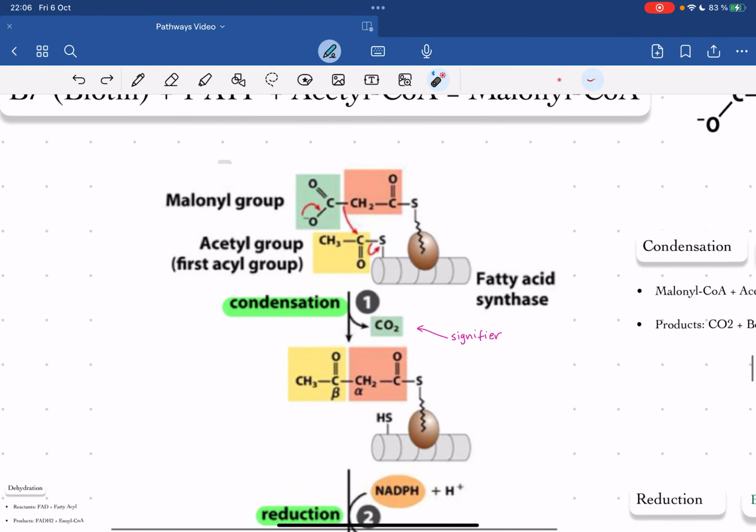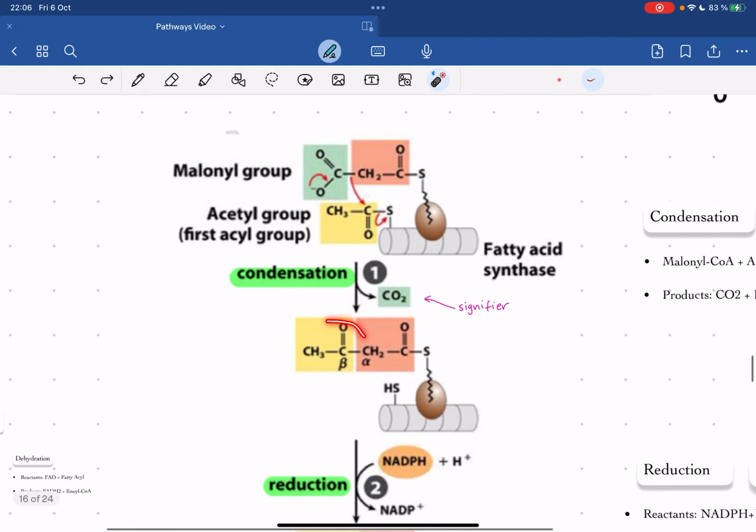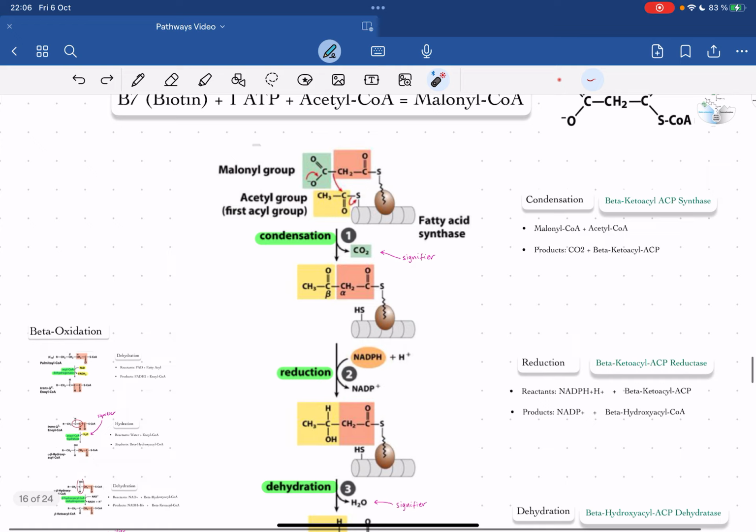And the acetyl-CoA can easily be morphed into this malonyl-CoA, creating this first, I would call this a beta-keto acyl, beta-keto acyl ACP right here.